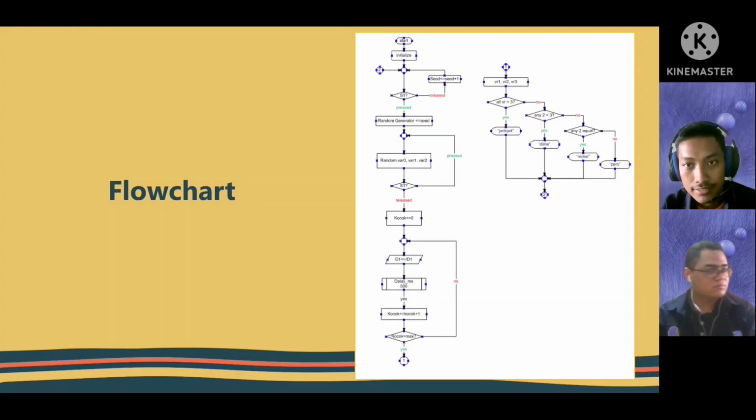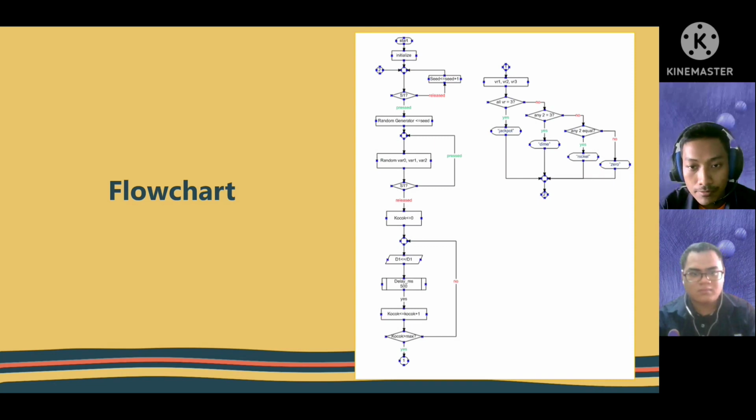Okay, next, the project flowchart. For the flowchart, we need to initialize first. Then, if switch 1 is pressed, it will generate a random number. Then it goes to random var 0, var 1, var 2.